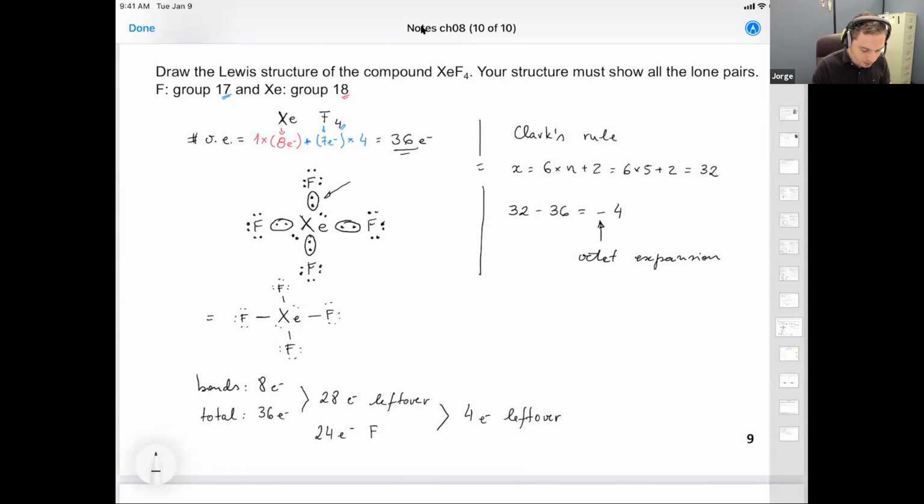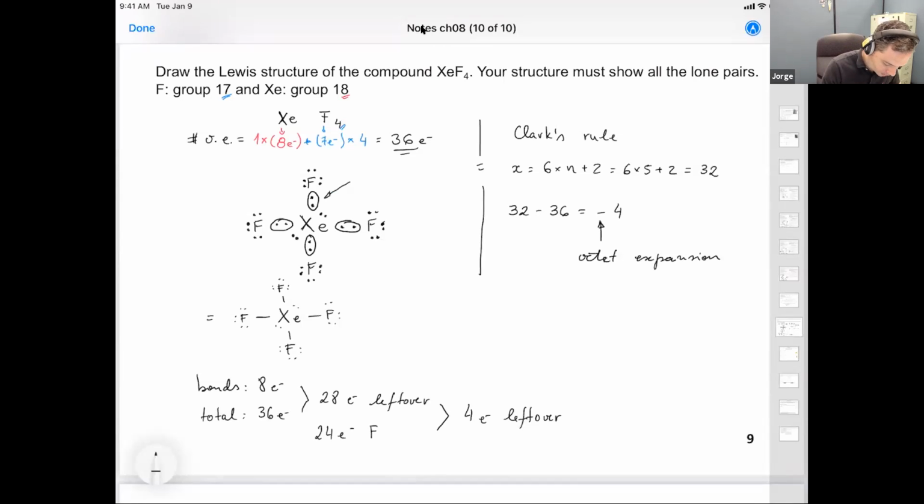However, anything that is shared, usually one of the parts attracts more the electrons close to itself compared to the other element.